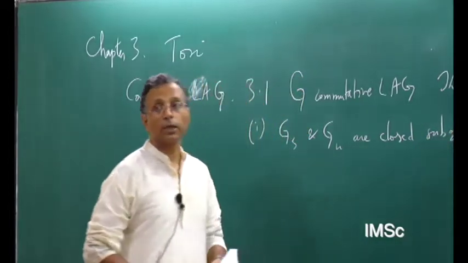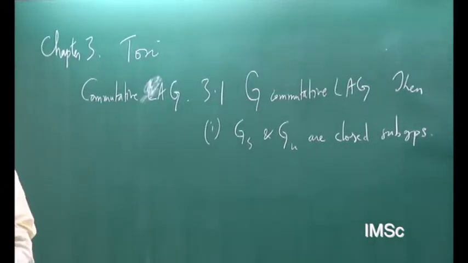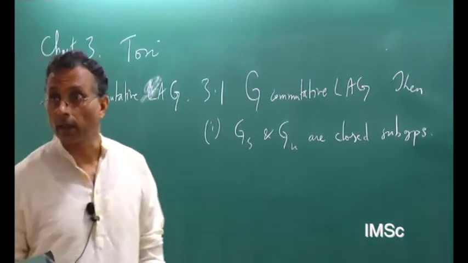It is true in general that GU is closed because you can put G inside GLN as a closed subgroup, and then as a Zariski closed set, the set of all unipotents just satisfies the equation (x minus 1) to the n equals 0 if you are inside GLN. So that's a closed condition.